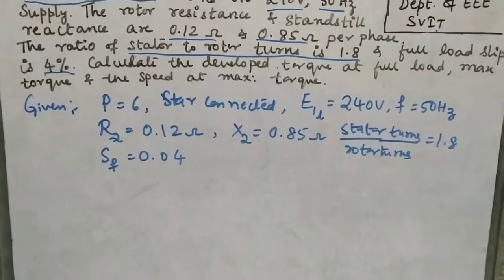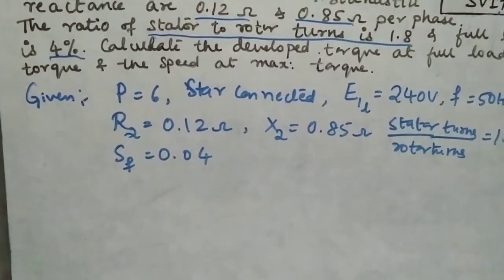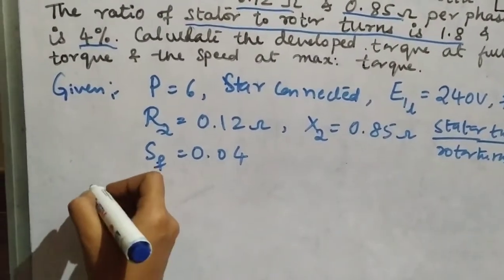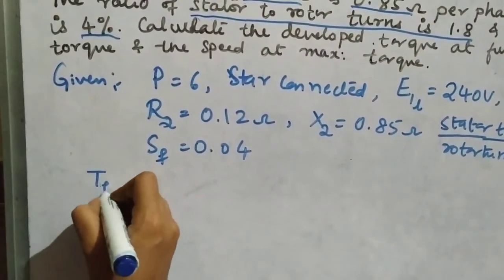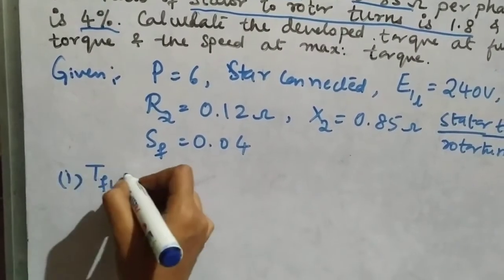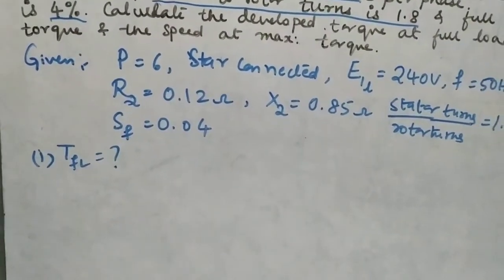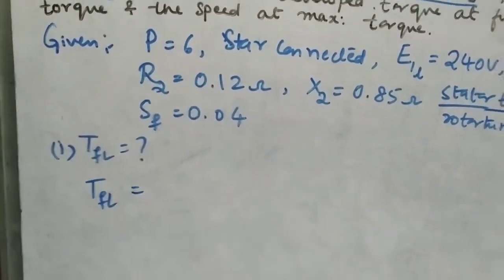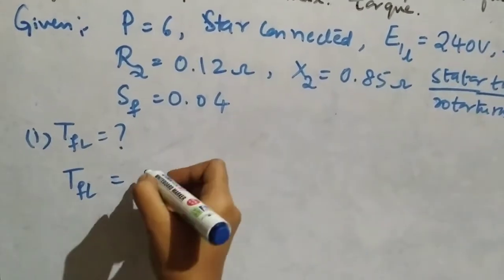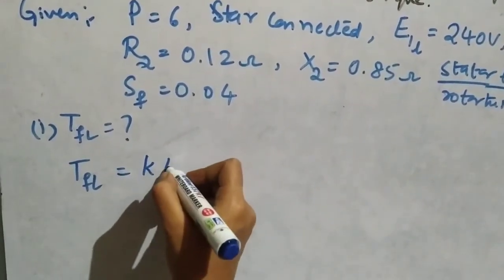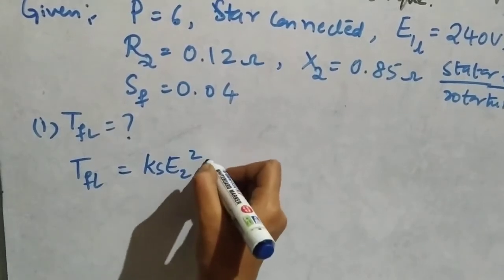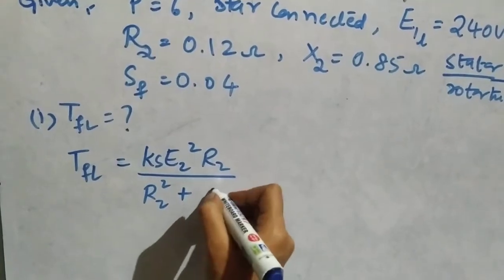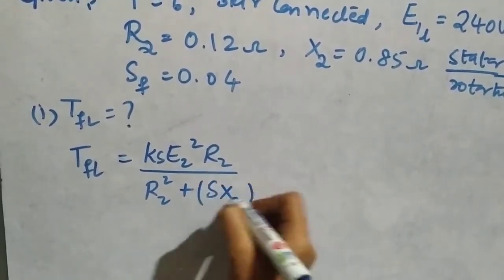Right? So now they have asked to determine the torque at full load. So we have to determine the sub question 1, the full load torque. So what is the formula for the full load torque? We know that generally the torque equation is given by K into S into E2 square into R2 divided by R2 square plus S into X2 whole square.